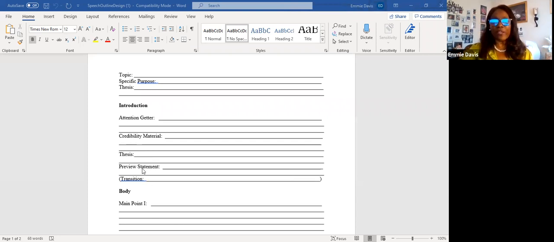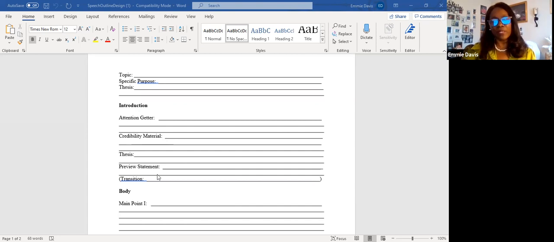But then you get to your preview statement and you'll say, I will first talk about the causes of Alzheimer's, then the effects, and finally the treatment. So you break those two apart, kind of break it up a little bit. Today, I will talk about Alzheimer's disease. I will first talk about its causes, then its effects, and finally the treatment for Alzheimer's.